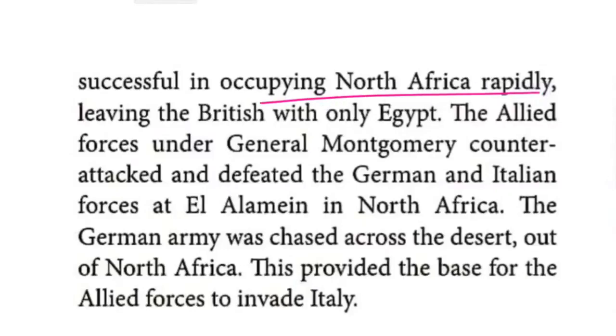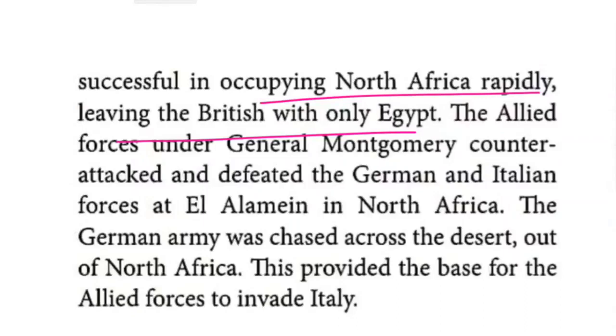In the initial stage, they quickly captured North Africa under General Rommel, leaving the British with only Egypt. Egypt also belongs to Africa, but Egypt alone was in the hands of Britain. The remaining part, everything, was captured by the Germans under Rommel.